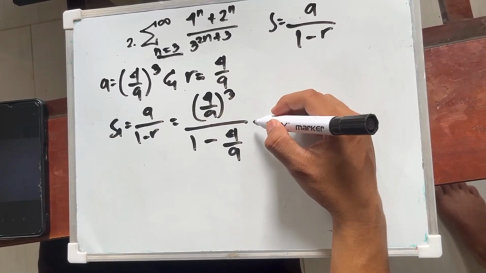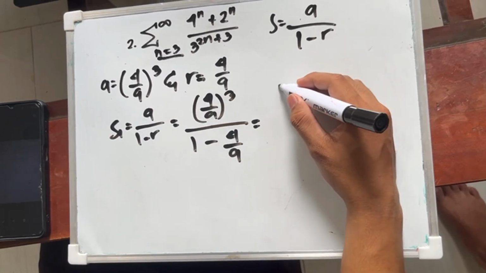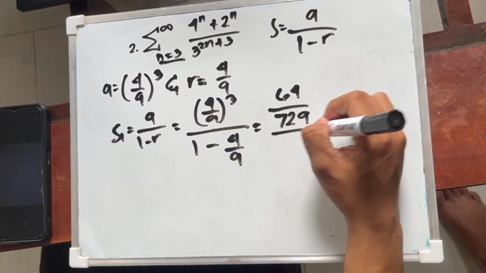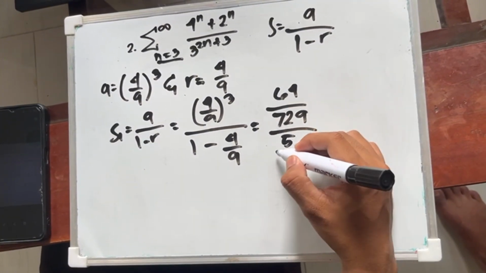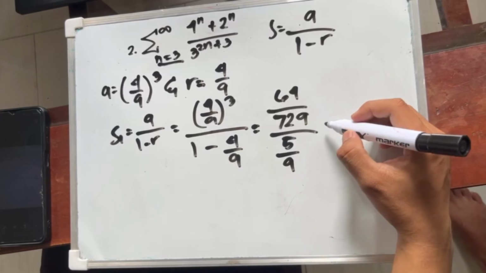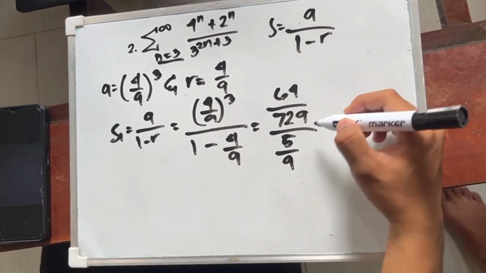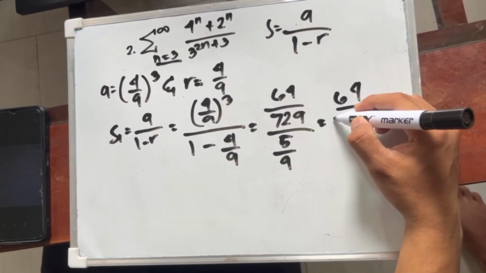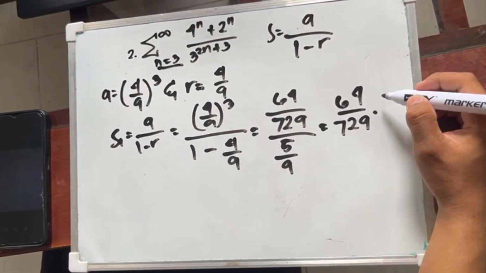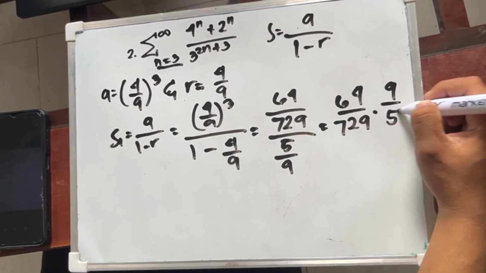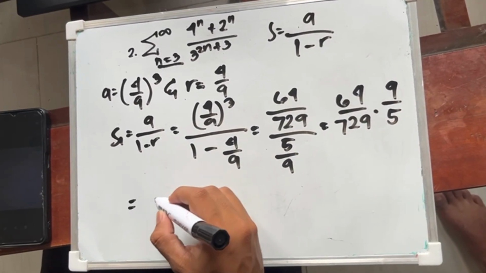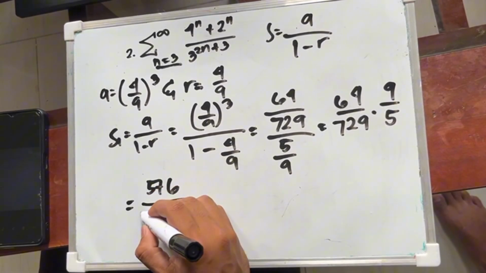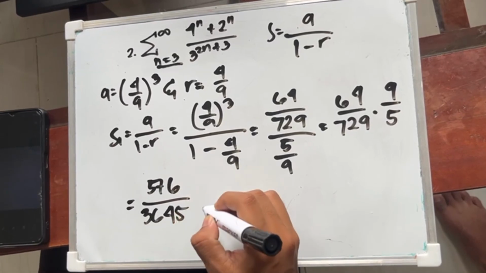So, calculating that equals 64 over 729 over 5 over 9. So, we need to reciprocate. So, 64 over 729 times 9 over 5. Solving that, it is equivalent to 576 over 3645.